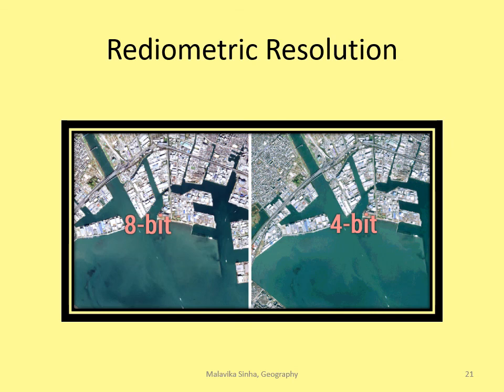With more bits, we can identify more precise, more vivid, more clear information. Within the same spectral band there is a variation in the intensity of the EMR radiation. That identifies the bit system, that is the radiometric resolution.